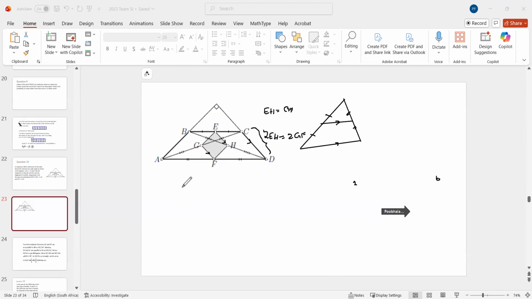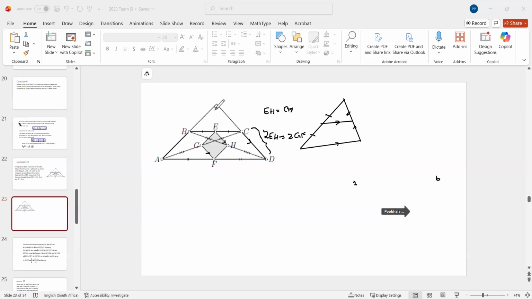You can go and check the theorems on parallelograms, and you will find one of the theorems says that. So this quadrilateral here, EH and GF, is a parallelogram.